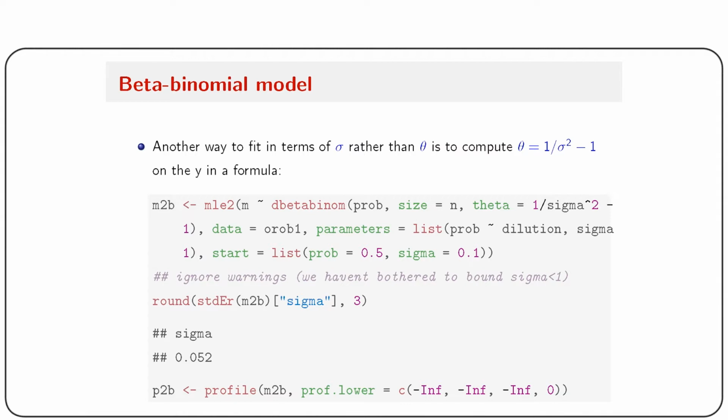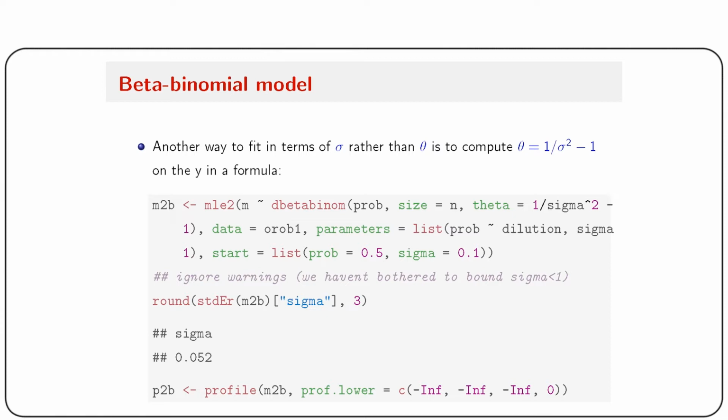If we do, then m tilde dbetabinom probability prob, size equals n, theta equals 1 over sigma squared minus 1, data equals ORO B1, parameters are list, probability tilde dilution, sigma tilde 1, and then start equals list, prob equals 0.5, sigma equals 0.1. Ignore the warning, we haven't bothered to bound sigma less than 1.